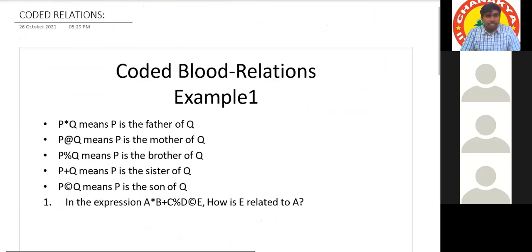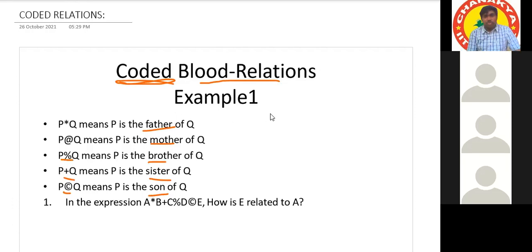Coded means what? Generally, coded means converting a known language into an unknown language using symbols. In this topic, blood relations, the known language is this one, yes or no? But the unknown language is this one.